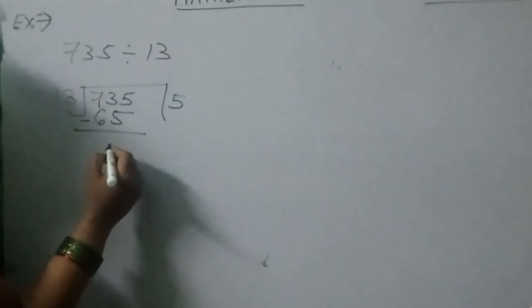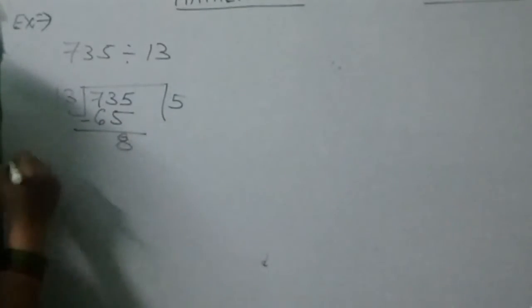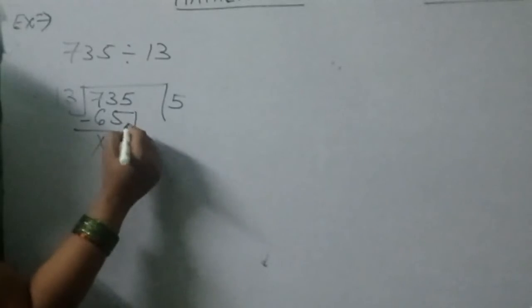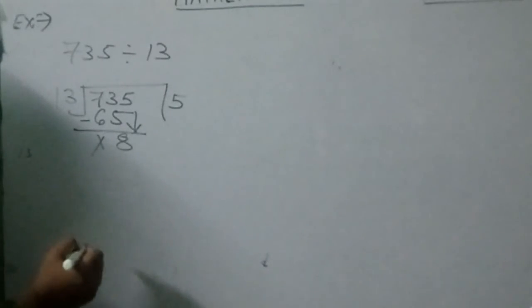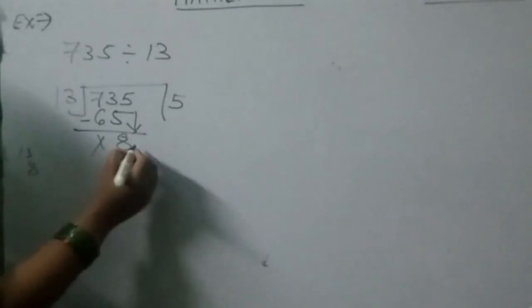Subtract the number. 13 minus 5, then it will be 8, and this one will be 0. Okay, then again you read. If you don't know the table, on the side you write and multiply. Suppose you don't know the table, then 13 8s: 8 3s are 24, 4 and 2 carry, 8 1s are 8, 2 is 10, so it is 104.